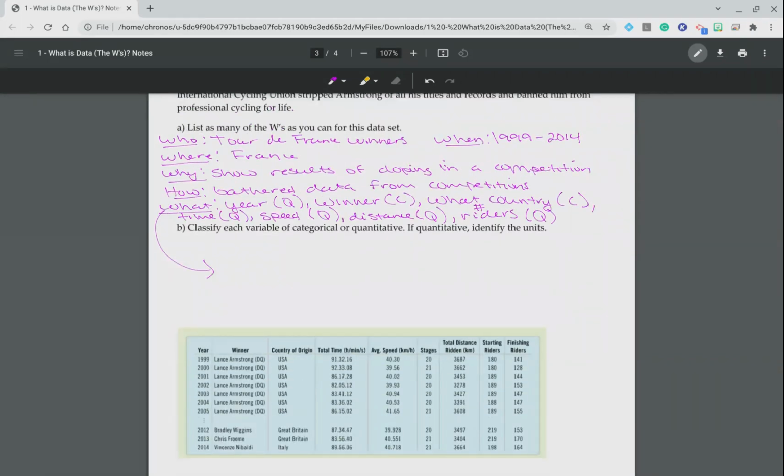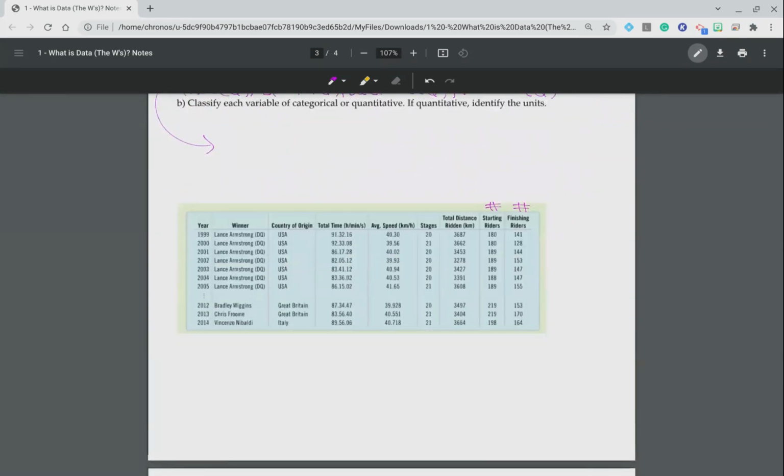Where I was looking at the years from 1999 to 2014. I'm looking at the winners, okay? What country they came from, their time, their speed, their stages, their distance, and then the number of riders starting and the number of riders finishing. Okay, so this is how you can identify the different types of data and things that you need to look for when you're doing a statistical study.